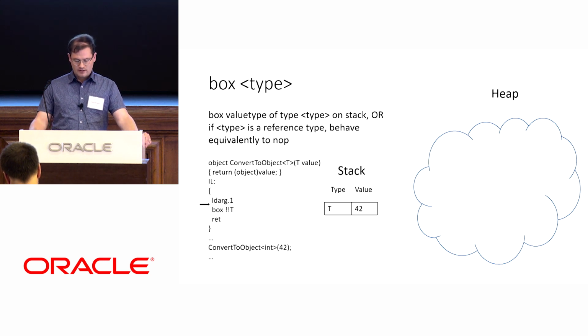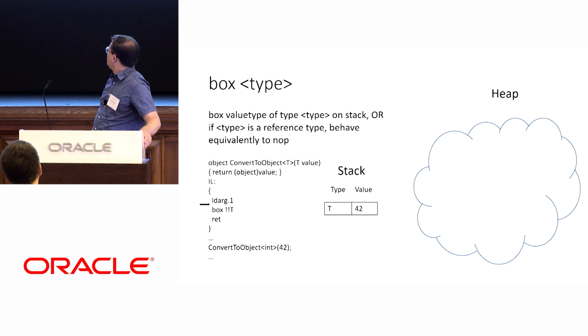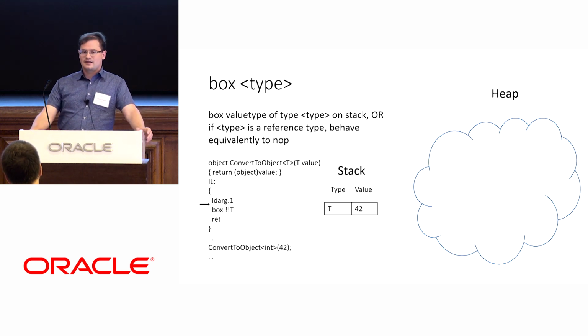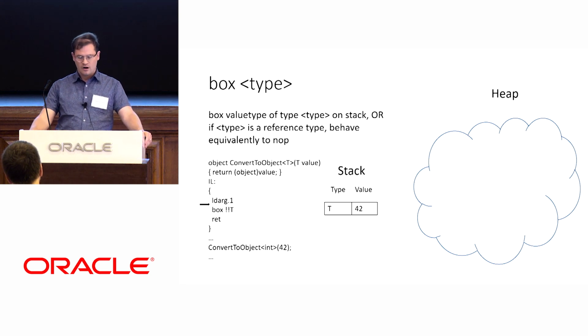So what we have here is a function, convert to object of T, taking a value of type T, and it simply returns the incoming parameter as a boxed object. This translates to the IL below: ldarg.1, load the first argument; box !!T, box using the method type variable T; and then ret to return the value.